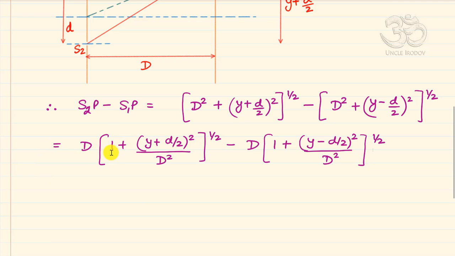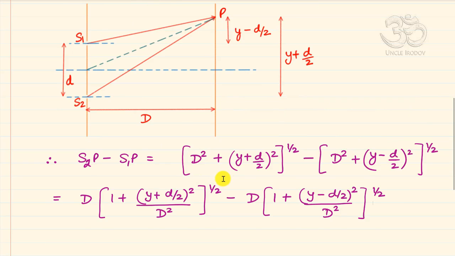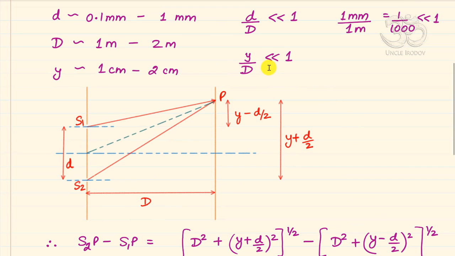And this looks like 1 plus x to the power n. So I can use the binomial theorem only if this entire term is much smaller than 1. And because of the assumptions that I have made, you see that y by D is much smaller than 1, small d by D is much smaller than 1.